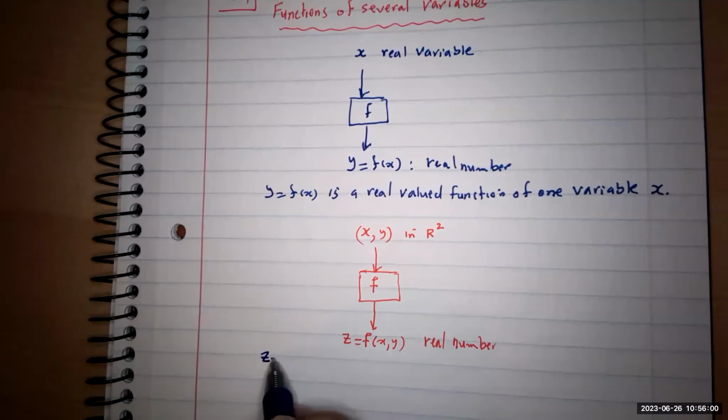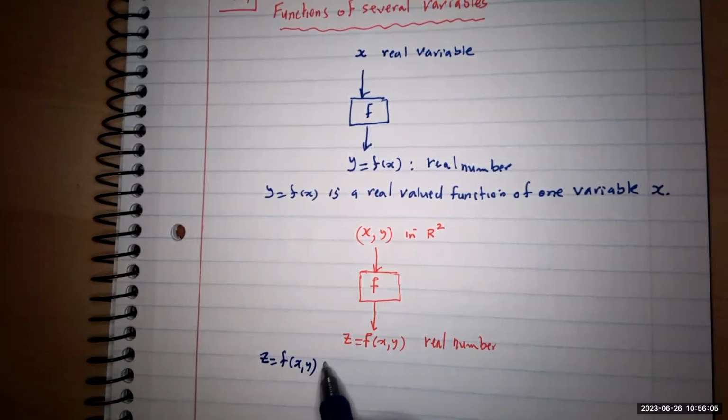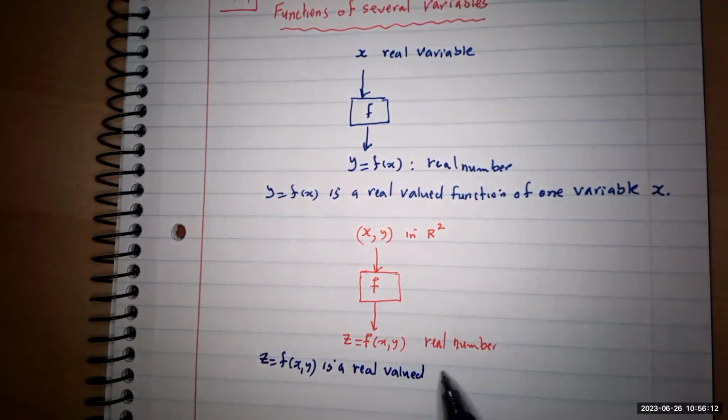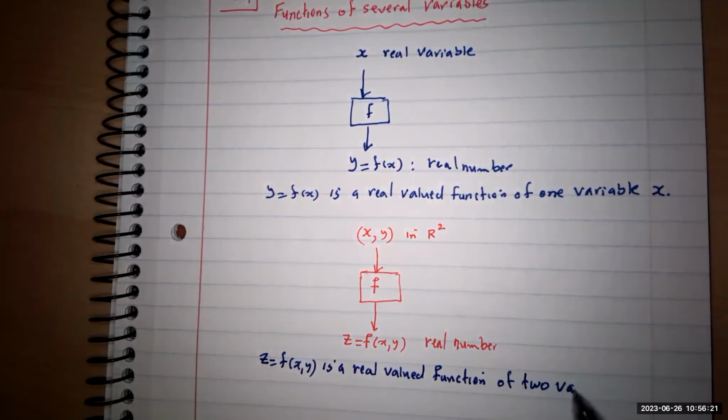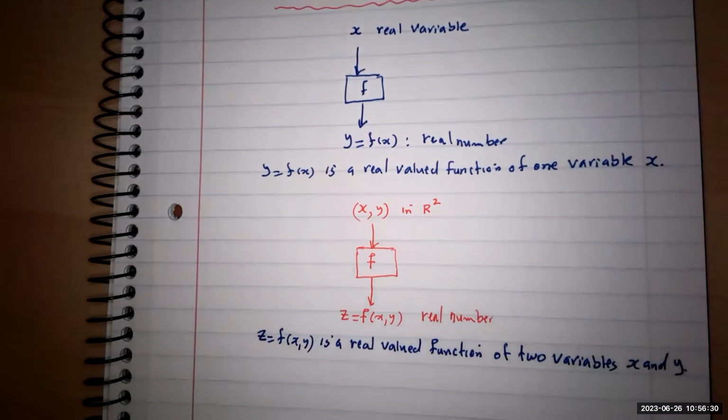So z equal to f of x comma y is a real valued function of 2 variables, and the variables are x and y. We changed it into a function of 2 variables.